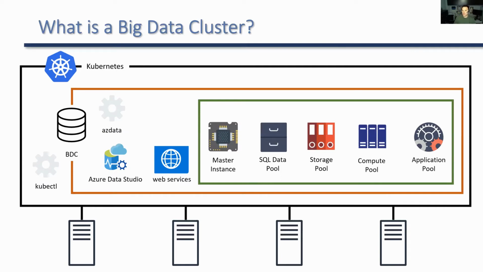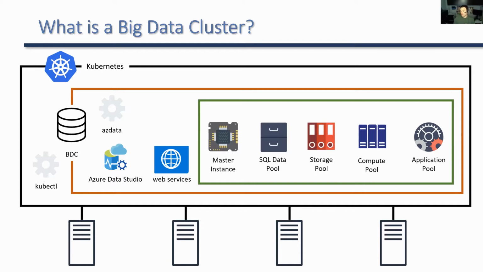So to show this in a different way, I have this slide here now, and this is looking again at the components of the big data cluster. So we have the nodes on the bottom. We have our Kubernetes cluster that's sitting within it, managed by kubectl. And then within the big data cluster itself, we have components of the big data cluster. We have a master instance, we have a SQL data pool, and a storage pool, a compute pool, and an application pool, and we'll go through those in just a minute.